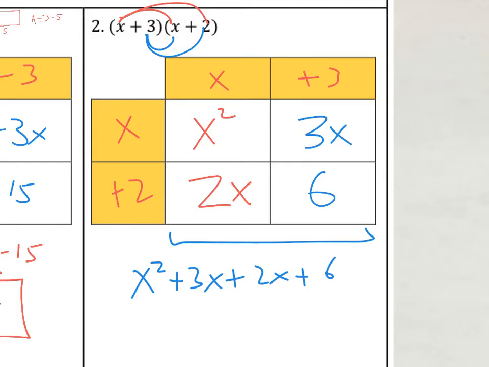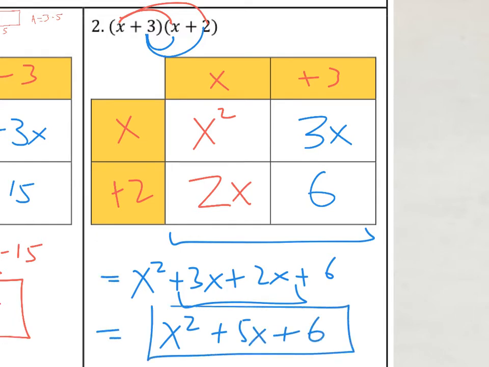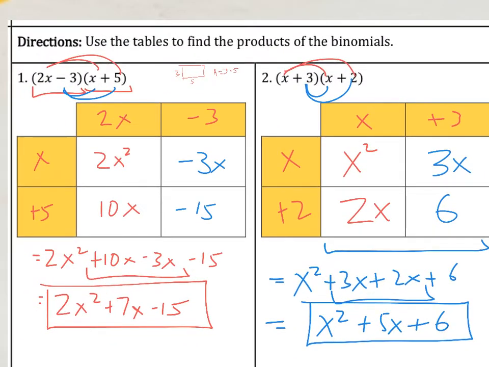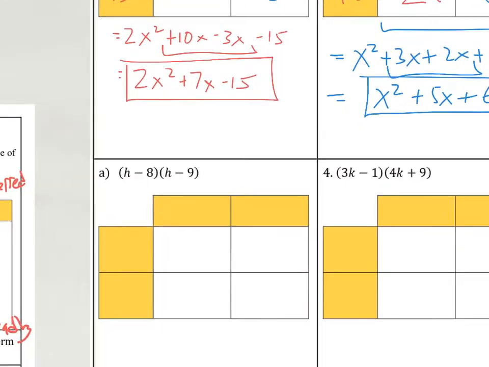Then we can combine these terms, and we get x squared plus 5x plus 6. So the area model is a nice way to organize it. After a little bit, you'll probably move away from this, but it's a good way to see that we're multiplying the x times both and the 3 times both. Both of them are getting distributed.